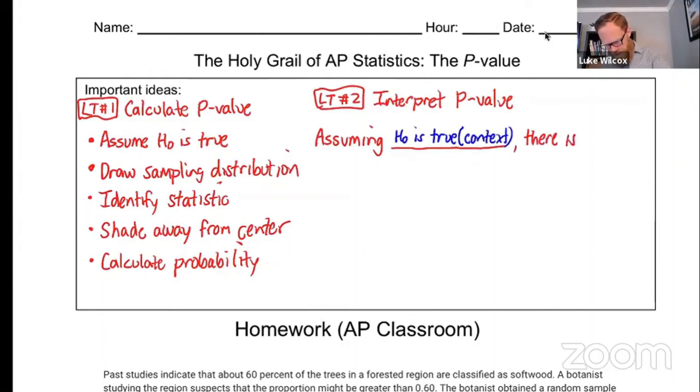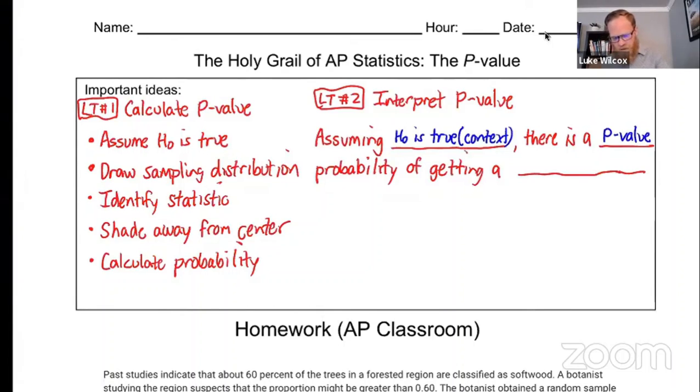Then the next part of the interpretation is where we get to the p-value. There is a, and then blank, where you input whatever p-value you calculated. There is a, whatever the p-value is, probability of getting a statistic of, and then you fill in whatever your observed statistic is from your sample or from your experiment, maybe an x bar, maybe a p1 hat minus p2 hat.